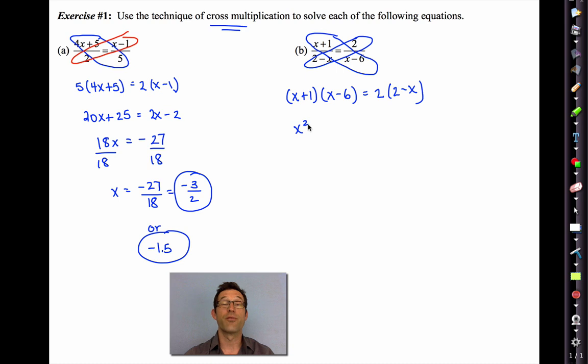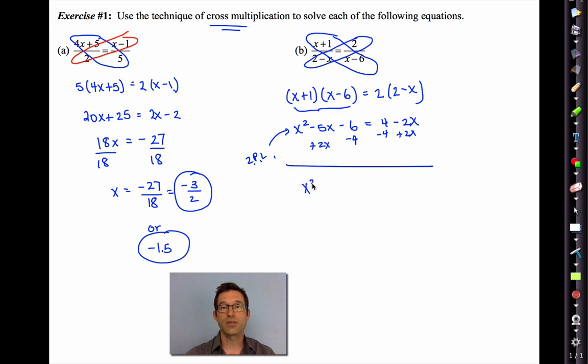The fact that there was a fraction in it, now I have to just do my usual mechanics. I've got to multiply all this out using some foiling technique, multiply this out. And at this point, because I have an x squared term, I'll probably use the zero product law. Well, actually, I'll definitely use the zero product law. I'll subtract a 4 from both sides and add a 2x.